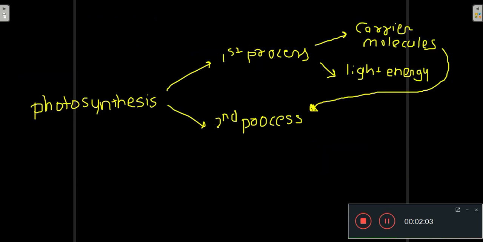So photosynthesis is divided into two processes. The first process produces carrier molecules by utilizing light energy, and these carrier molecules are then utilized in the second process of photosynthesis.